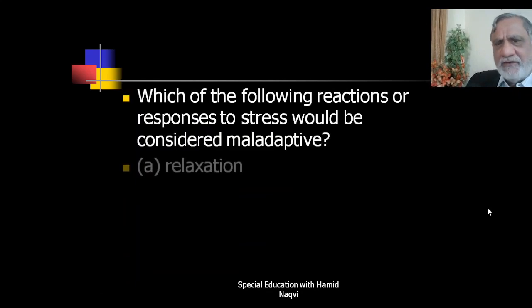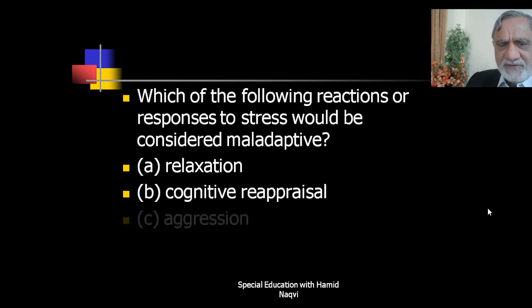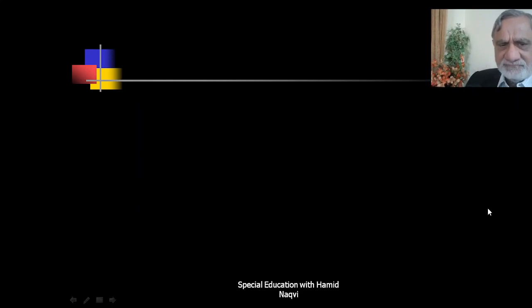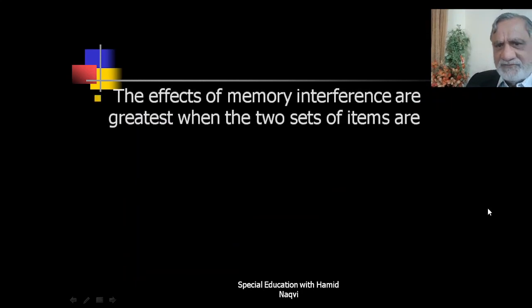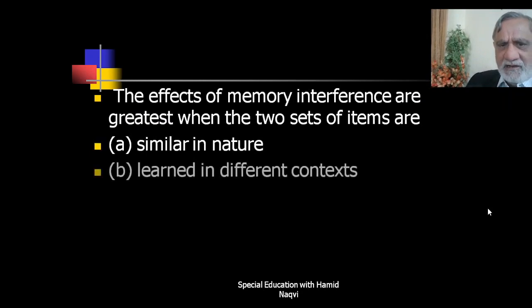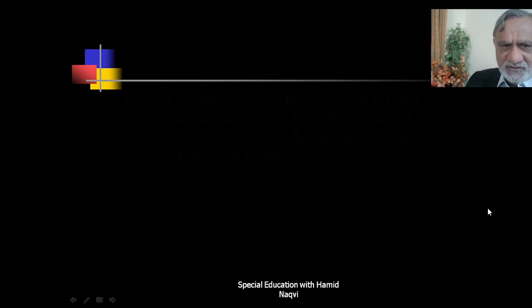Which of the following reactions or responses to stress would be considered maladaptive? Relaxation, cognitive reappraisal, aggression, or exercise? Correct is aggression. The effects of memory interference are greatest when the two sets of items are similar in nature, learned in different contexts, dissimilar in nature, or unusual? Correct one is A, that is similar in nature.